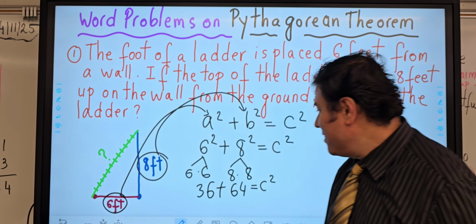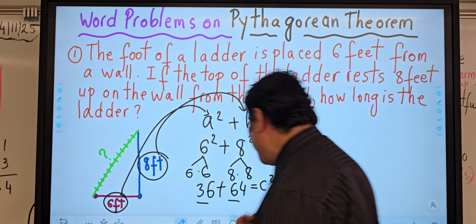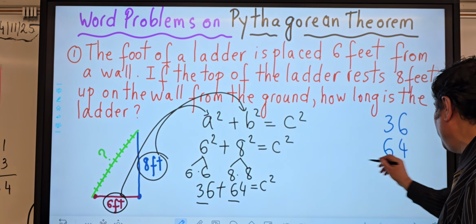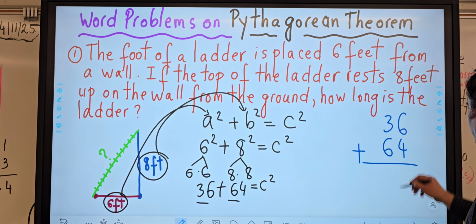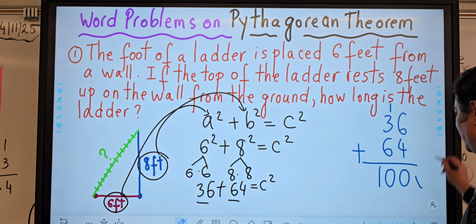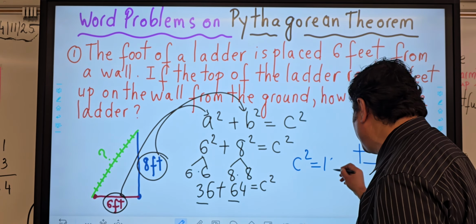And remember, 36 plus 64 becomes 100, right? 36 plus 64, if we add it up, we get 0, 10, carry the 1, and another 10 here, and it's 100. So c squared equals 100.